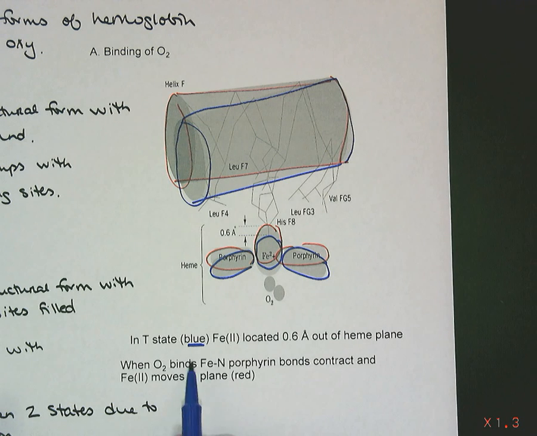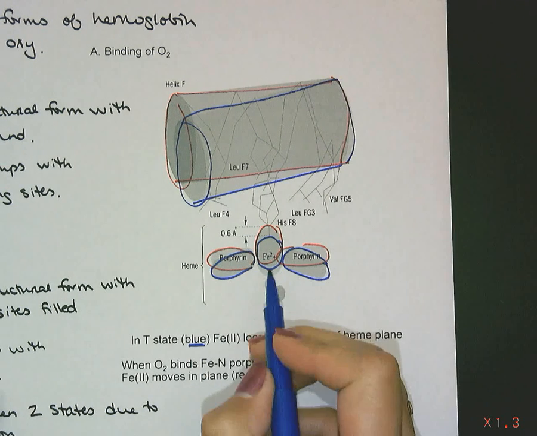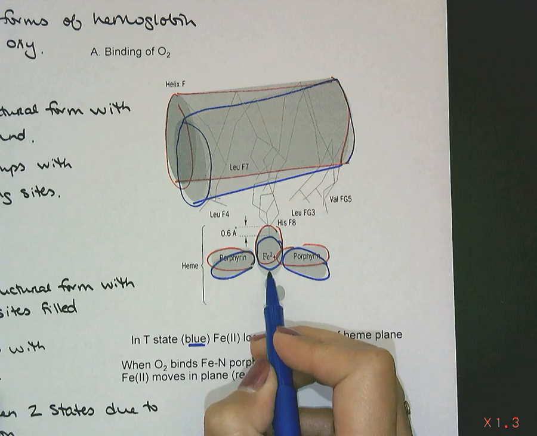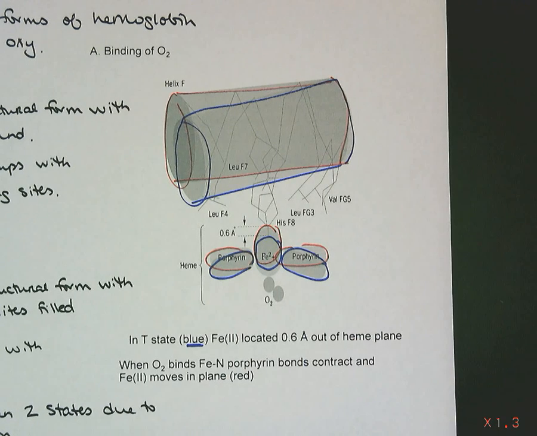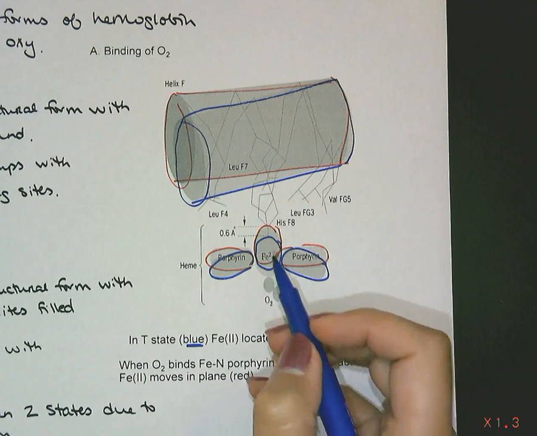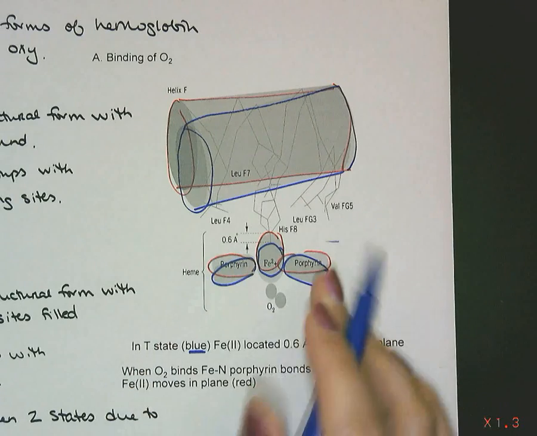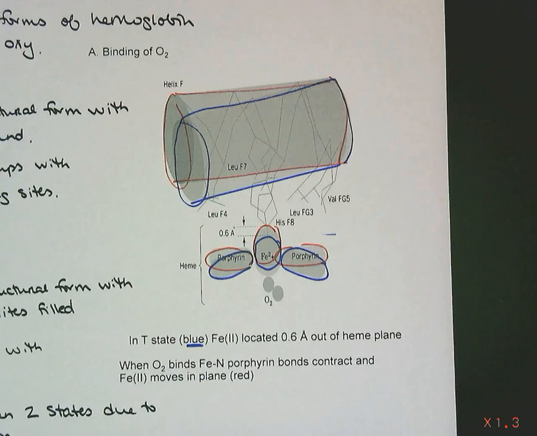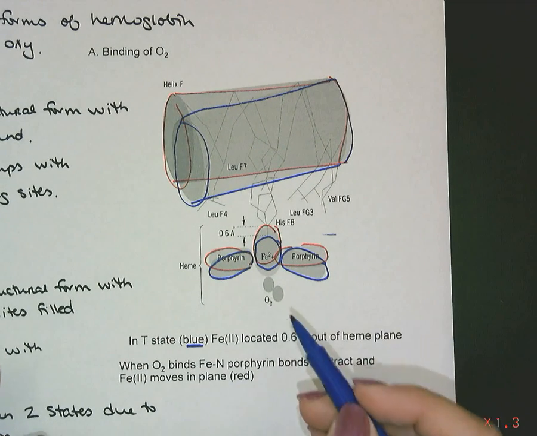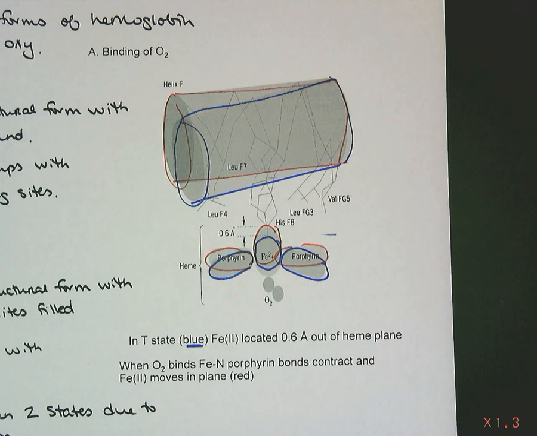So in the T state, the iron is 6 angstroms down from being in the plane. And that's because my nitrogen porphyrin bonds happen to be too long to allow it to sit vertical with everybody else.